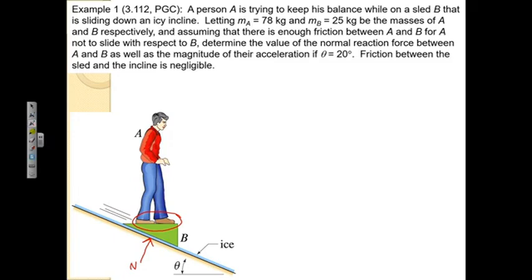So method one: 2 FBDs and 4 equations. I got the guy's X, the guy's Y, the block X, the block Y, right?